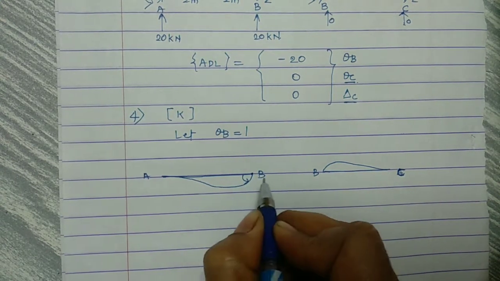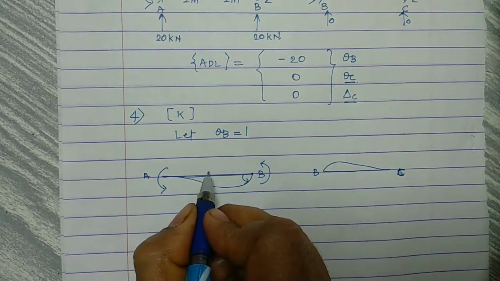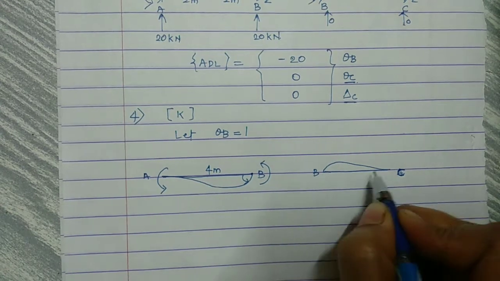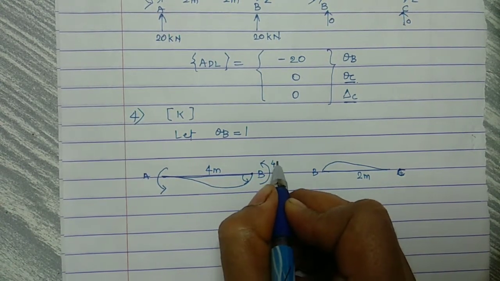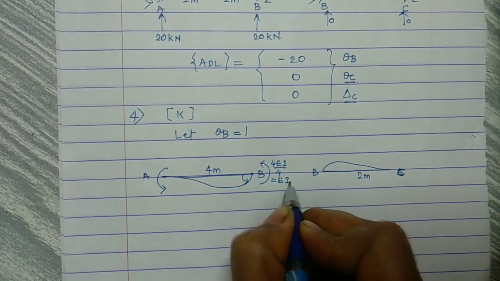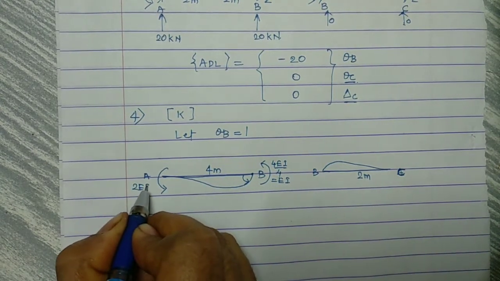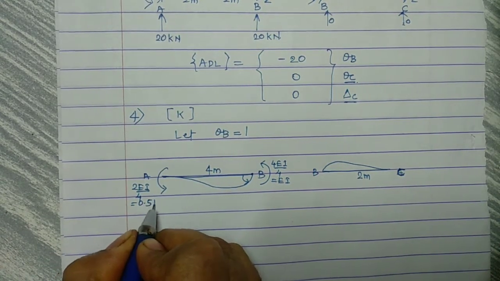So here the rotational moments, that is stiffnesses, are shown. The length of member AB is 4 meter, and the length of member BC is 2 meter. So here calculate these stiffnesses: 4 EI upon 4, that is equal to 1 EI, and on this side 2 EI upon 4, that is equal to 0.5 EI.